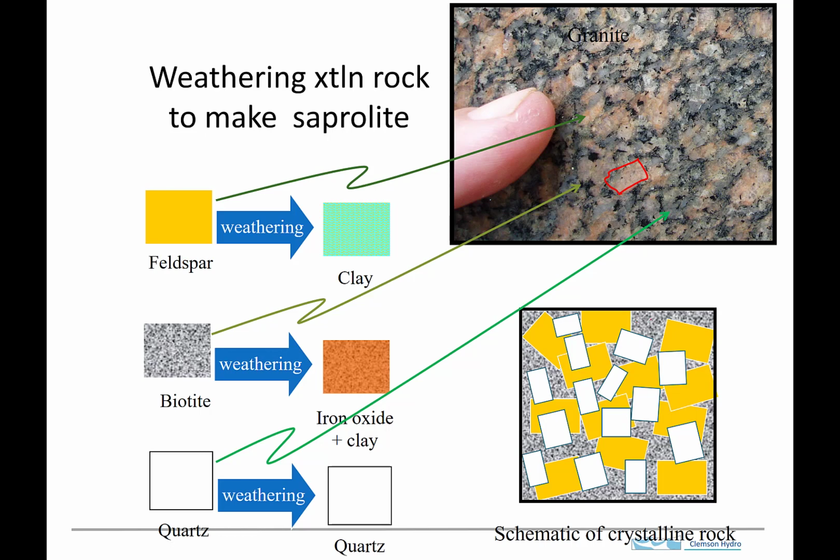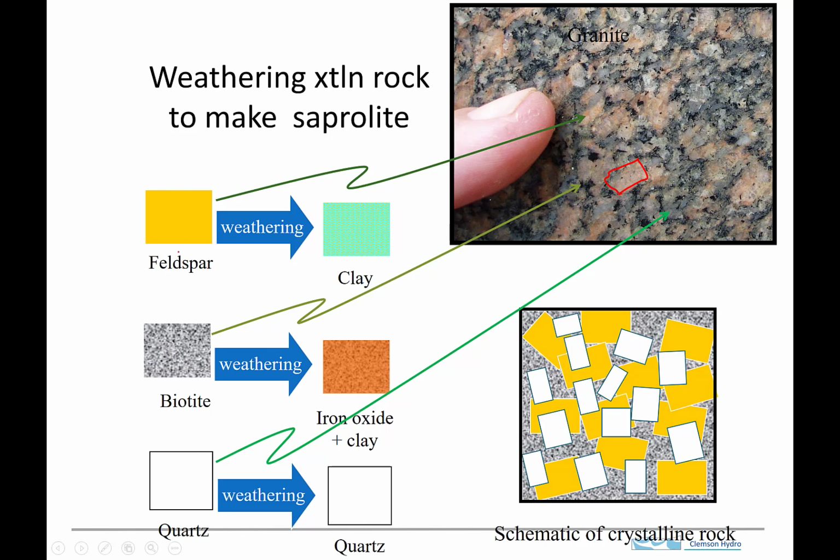And what happens then during the weathering process is the feldspar weathers to clay when it's exposed to water and oxygen. Biotite weathers to iron oxides and clay. And the quartz, it doesn't really weather. It doesn't really change during the weathering process.